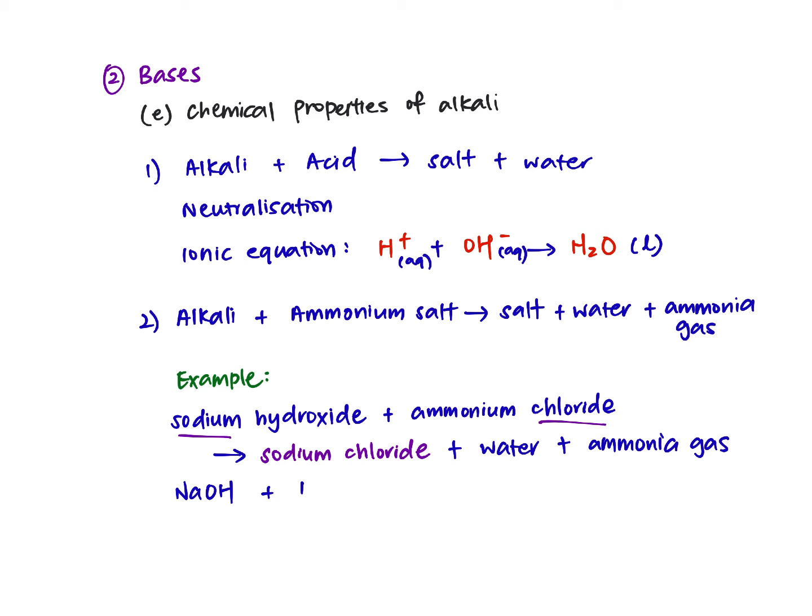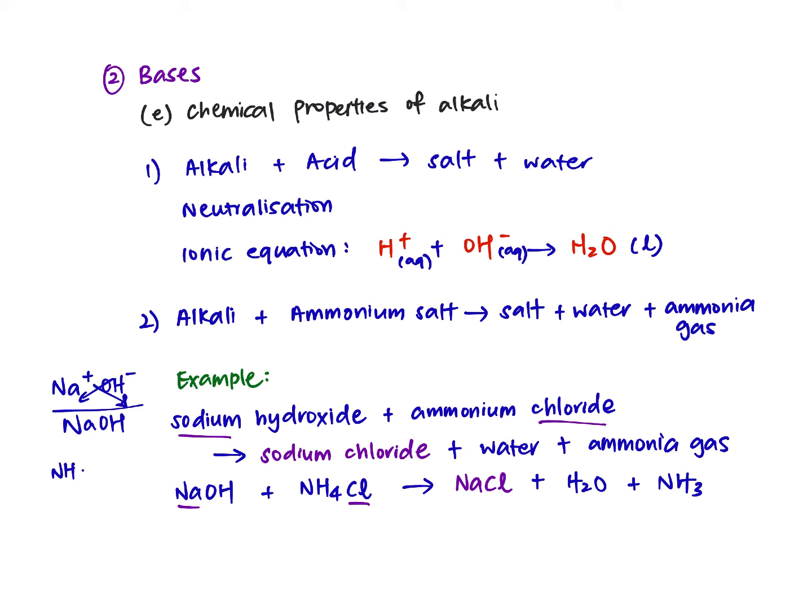Writing out the formula, NaOH you need to memorize. NH4Cl, which is an ammonium salt. Na plus and OH minus give you sodium hydroxide.